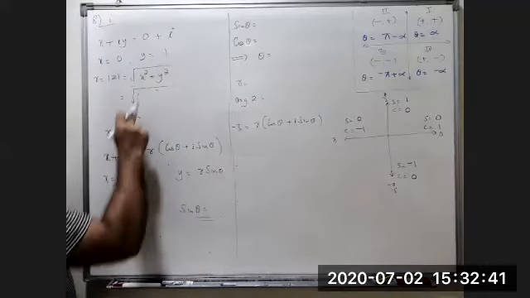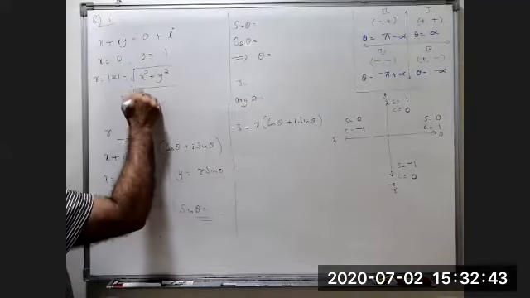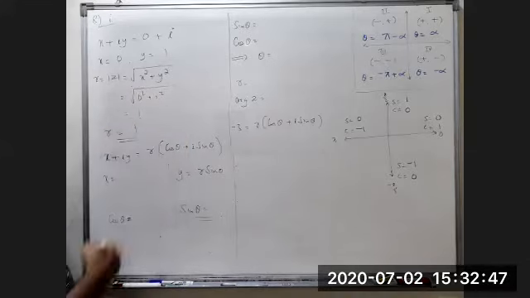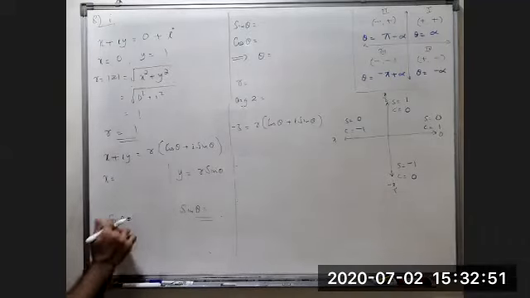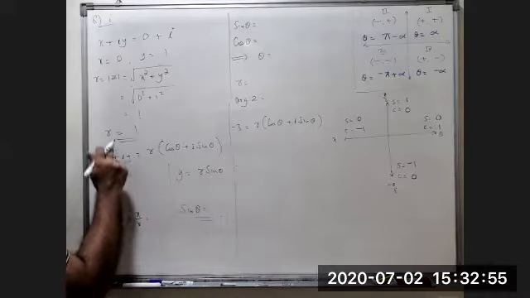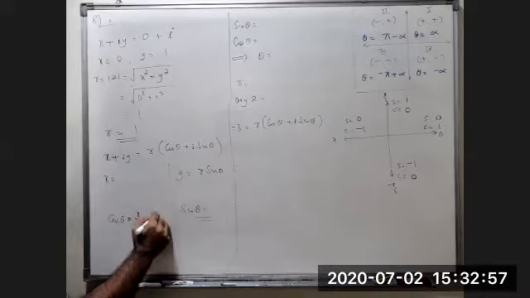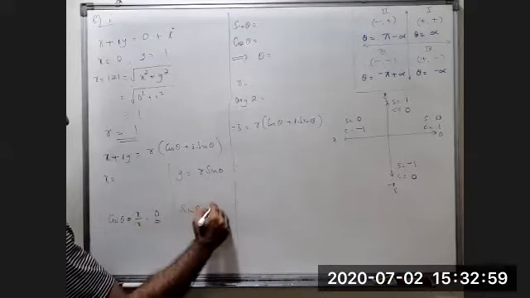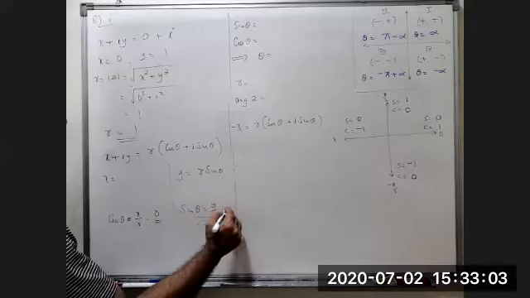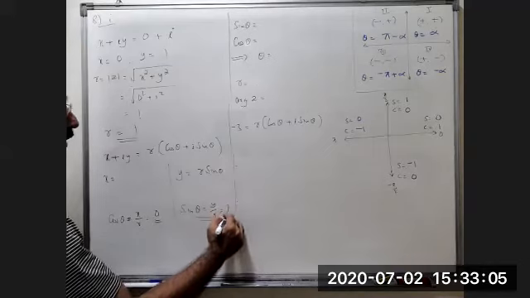So this is 0 square plus 1 square, 1. r is 1. Now you can use cos theta is x by r. You can use it, no problem. x by r means 0. Sin theta is y by r. y by r is 1 by 1, which is 1.